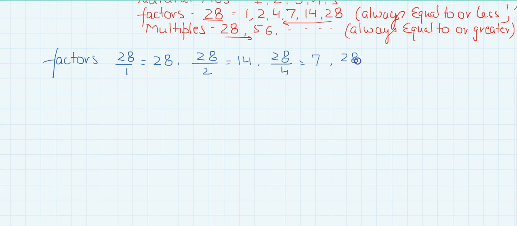When 28 is divided by 14, we get 2. It's the same thing. So we can see that 1, 28, 2, 14, 4, 7. These are the factors.